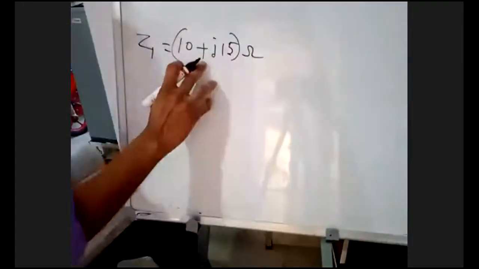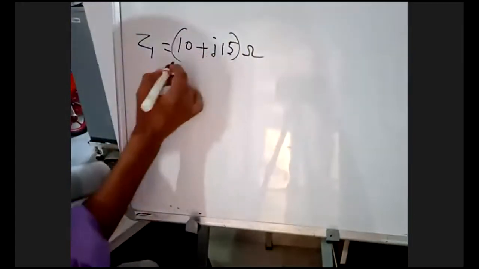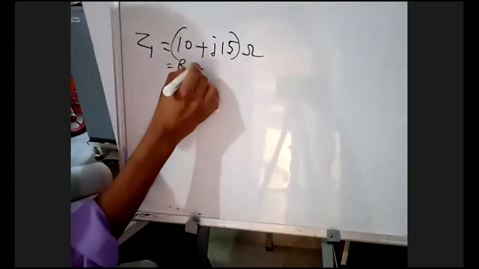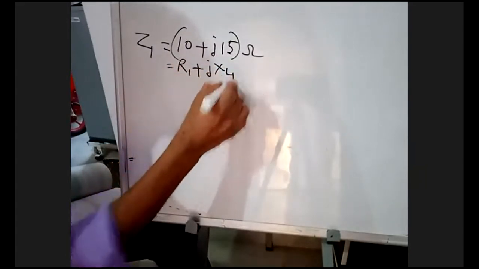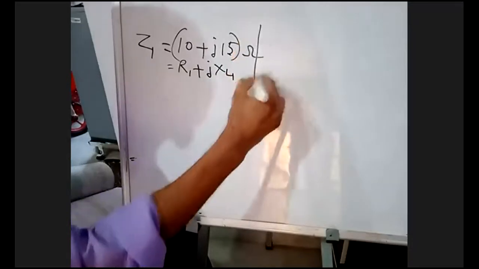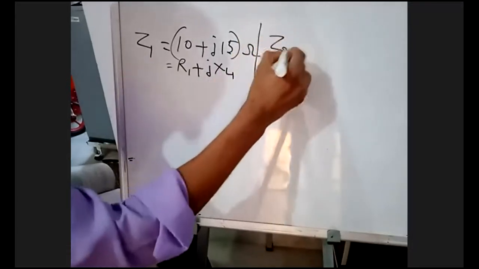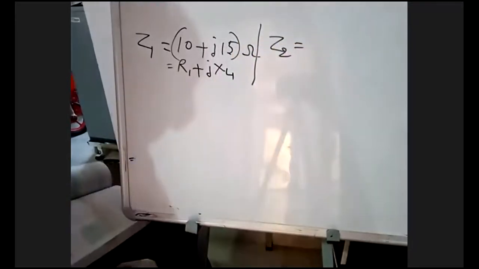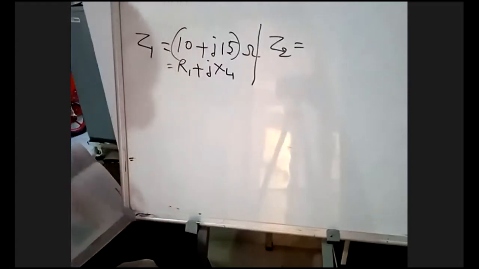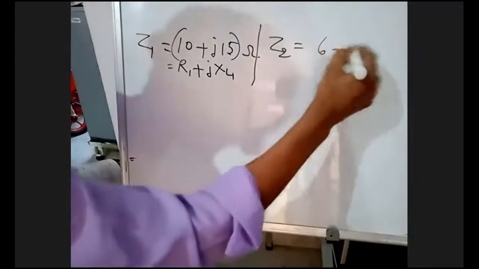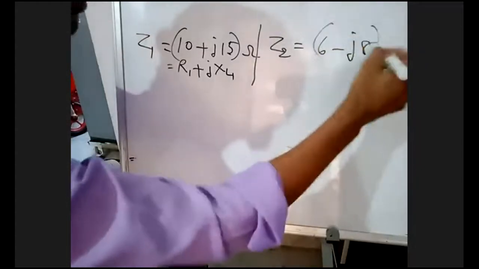This is inductance, so Z1 is R1 plus JXL1. Similarly, Z2 is equal to what they are giving: 6 minus J8 ohm.